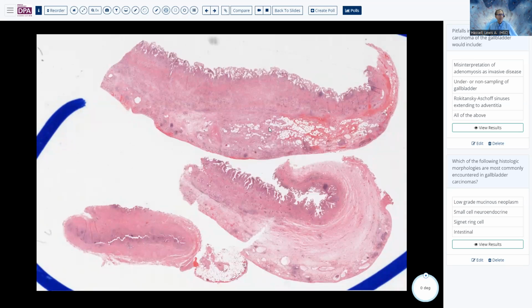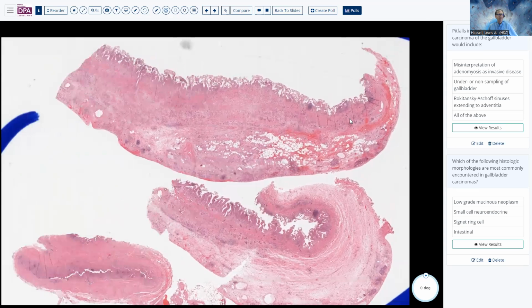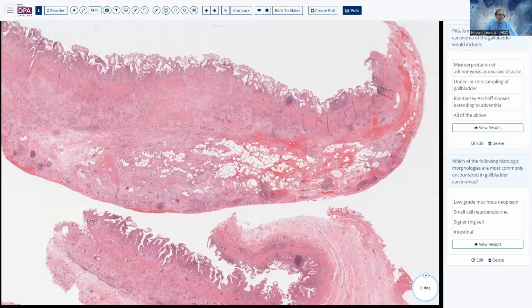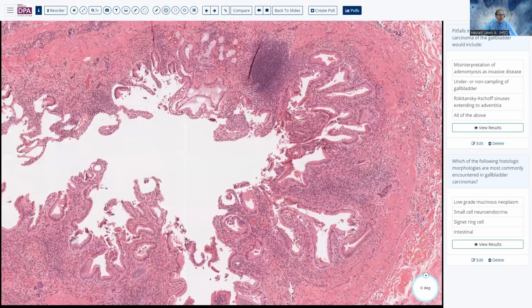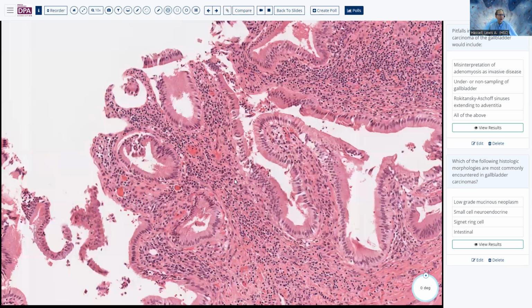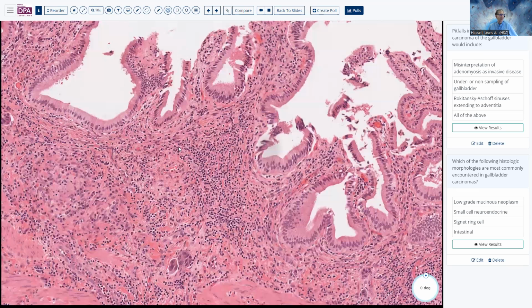Okay, well, let's slide up the biliary tract and take a look at the gallbladder. This is a somewhat unusual case because most cases of gallbladder cancer begin as dysplasia. But as we look at this particular case, I think you'll see that we have fairly normal looking surface epithelium here in almost the entire area.